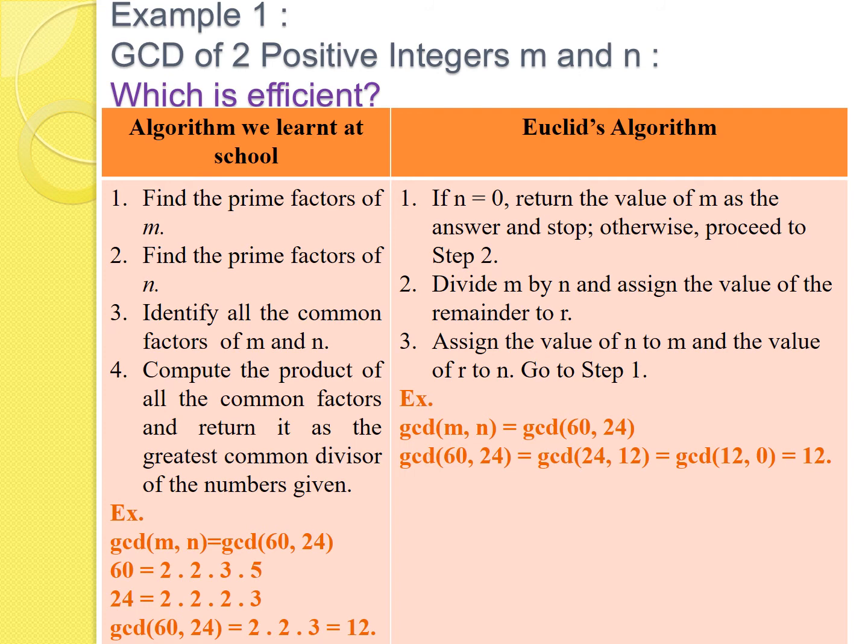Since n is 0 and m is 12, as per step 1, 12 is the GCD of 60 and 24. As you have noticed, this algorithm involves fewer steps than the first algorithm which we learn at our school.